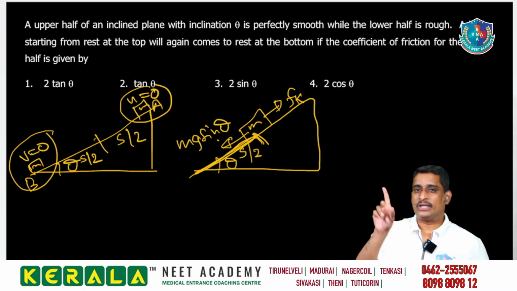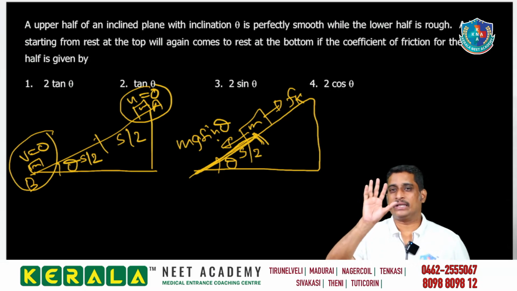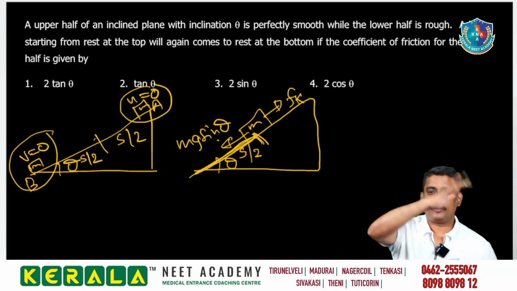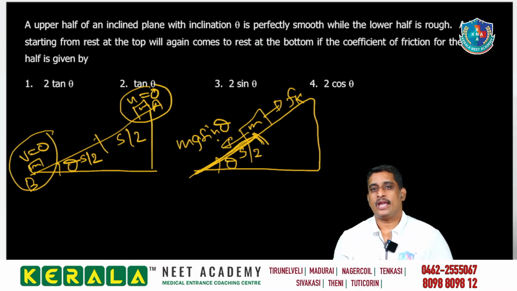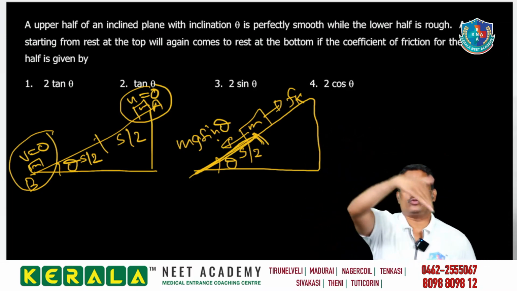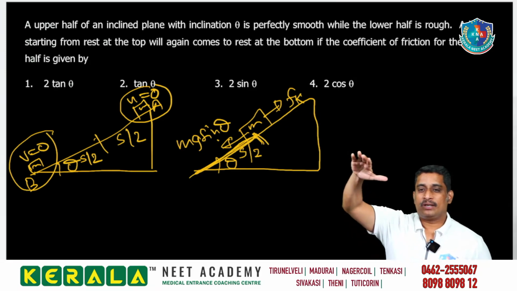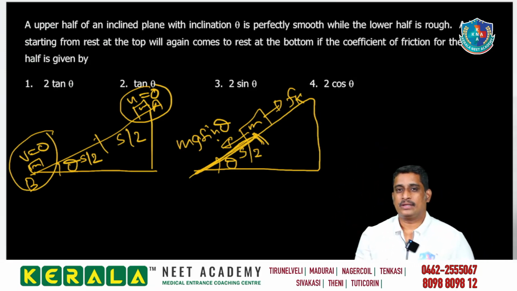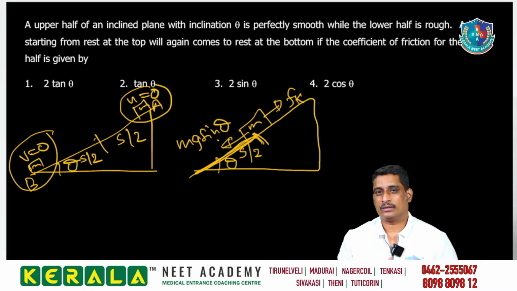From the diagram, we can tell very clearly that until the block reaches the bottom of the inclined plane, mg sin theta is doing positive work. That means until the block covers the entire length of the inclined plane, mg sin theta is doing positive work.